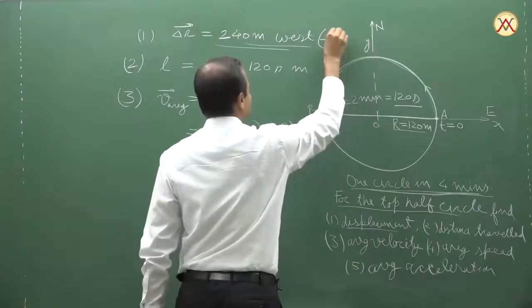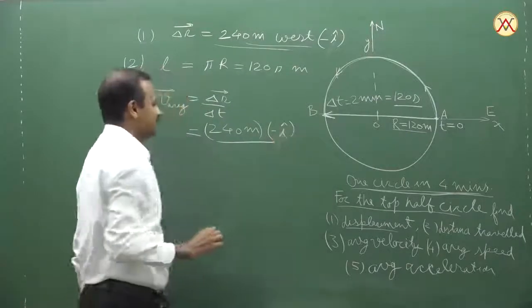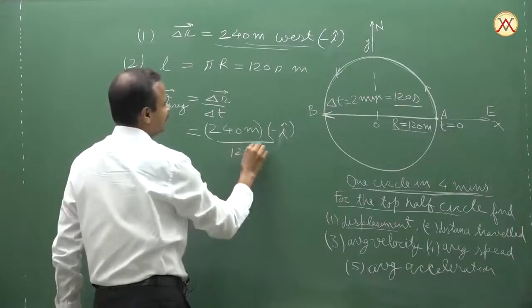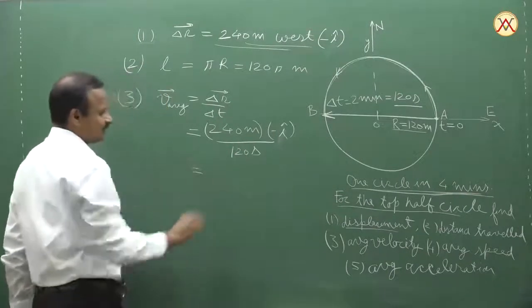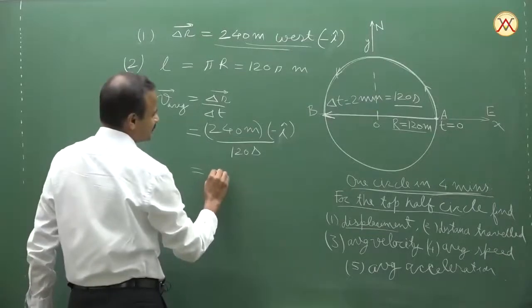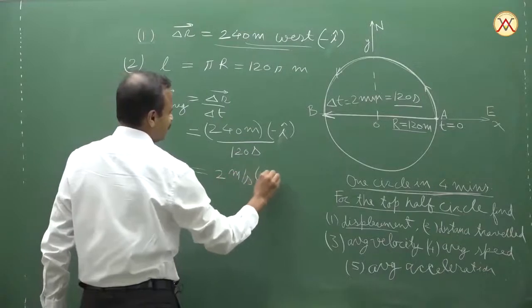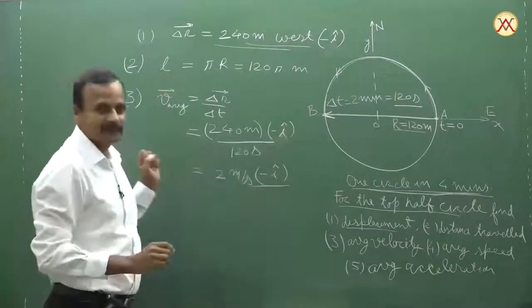West is minus i cap. So the delta r vector is 240 meters minus i cap divided by the time duration, which is 120 seconds. So the average velocity of the person becomes 2 meters per second minus i cap. Minus i cap means towards west.